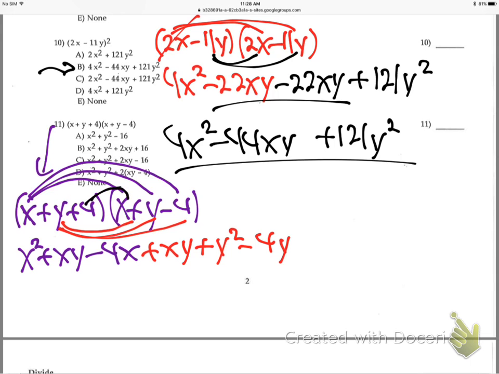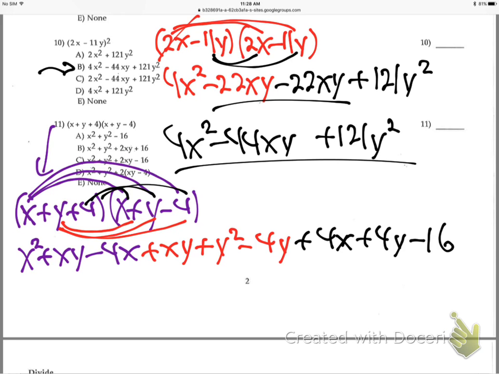And then the 4: 4x plus 4y minus 16. That's a lot of terms. So the first to all three, the second to all three, and the third to all three. Nine terms over there. Is that making sense?